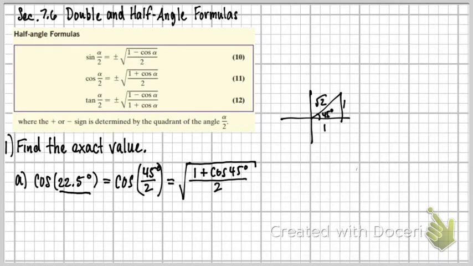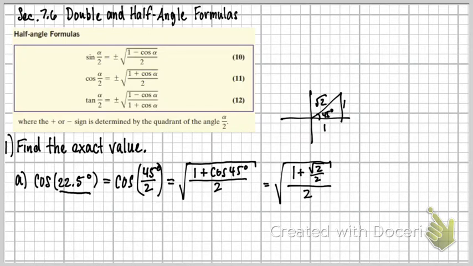It's our fancy triangle, so it's going to be adjacent over hypotenuse. That's going to equal the square root of 1 plus root 2 over 2, and when I rationalize it, all over 2. Okay, so this is what we have.